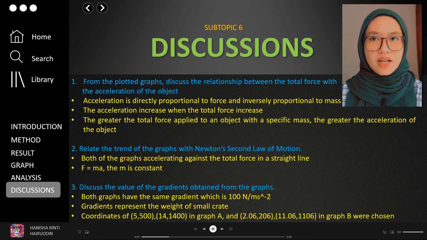For the non-friction graph, the first coordinate is 5 and 500, while the second coordinate is 14 and 1400. For the friction graph, the first coordinate is 2.06 and 206, while the second coordinate is 11.06 and 1106. After that, these coordinates were inserted into the gradient formula.